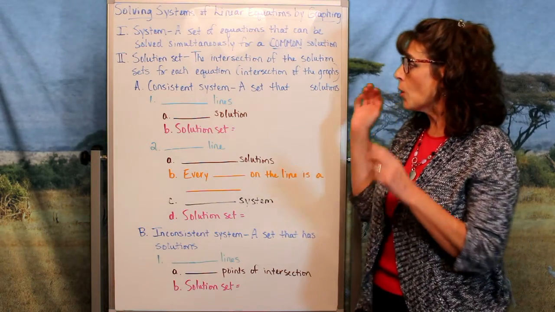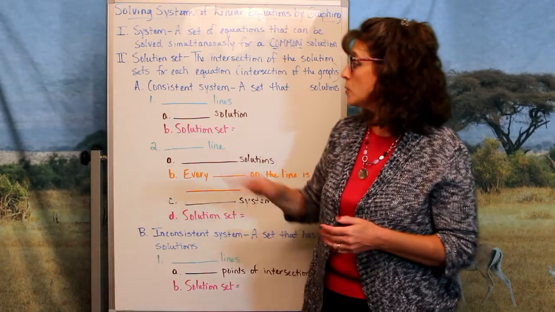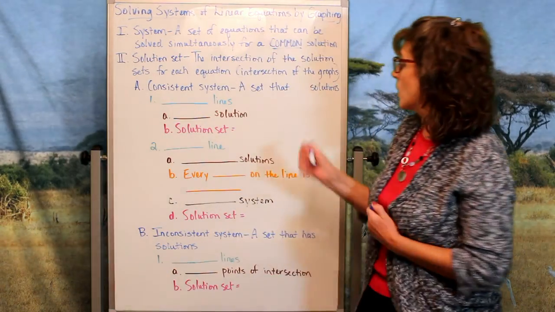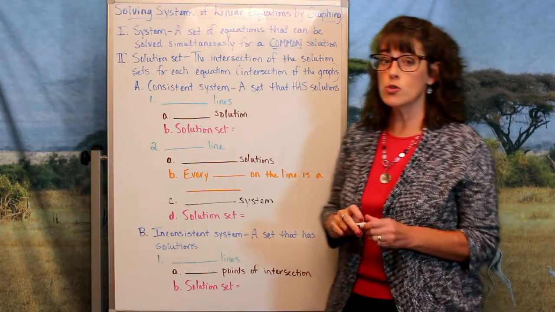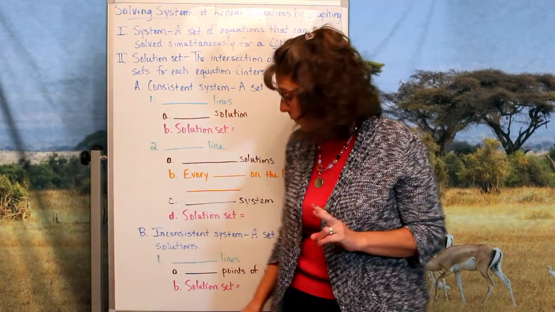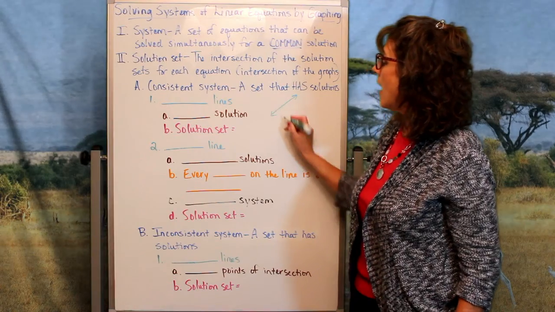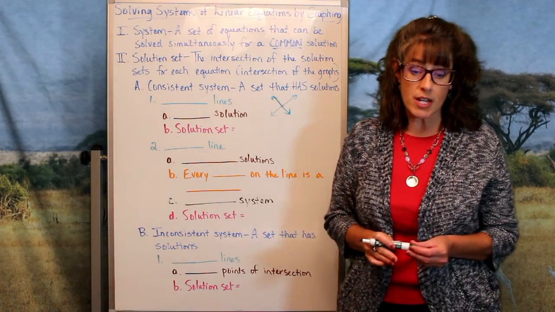So when this happens, we can have two types of systems. One type is what we call a consistent system. A consistent system says, yep, we have solutions. It is a set that has solutions. Now there's two ways that this could happen. One way is to say, okay, I've got a line going this way, and then I've got another line going this way. These are what we call intersecting lines.